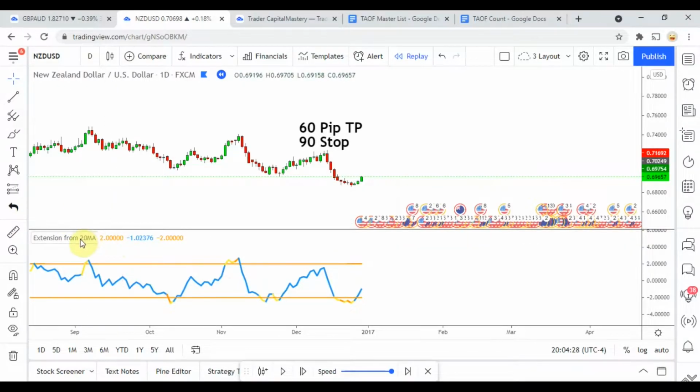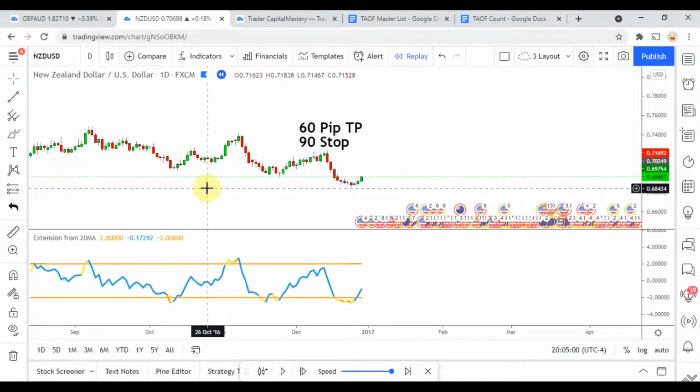Consider a 20 moving average on screen, and it is plotting the difference between the moving average and price action. 0 is the point where the moving average and price action exist in the same place, basically. And then we have these plots here at the -2 and +2 area.